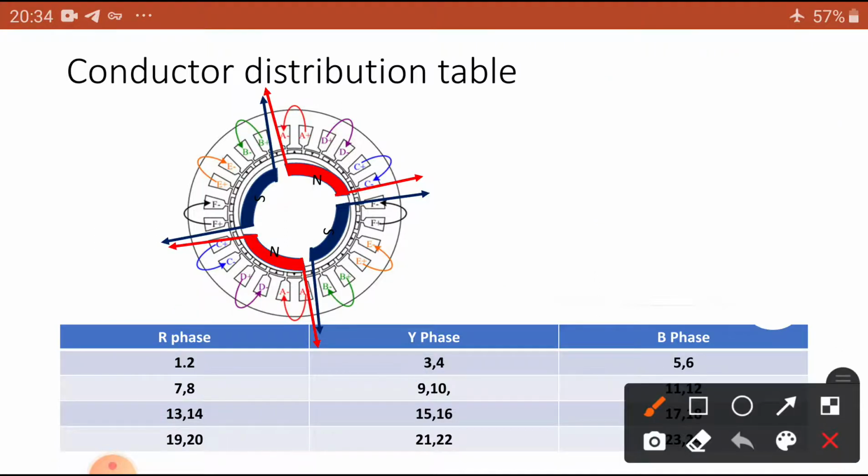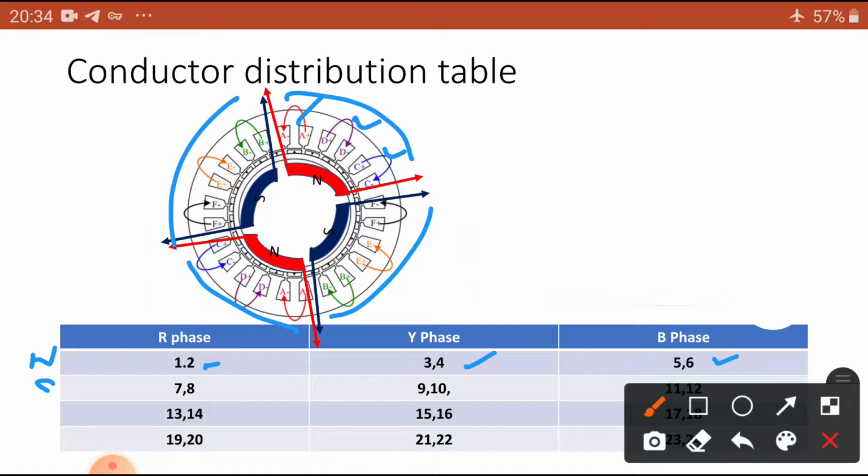That means here you can see this is one pole, this is another pole, another pole, this is another pole. So here similarly the phases, each phase, for example 2 coils, here 2 and 2 slots, 2 slots, this 2 slots, 2 slots. For example, north pole, south pole, north pole, south pole, in such a way that we connected. Okay.